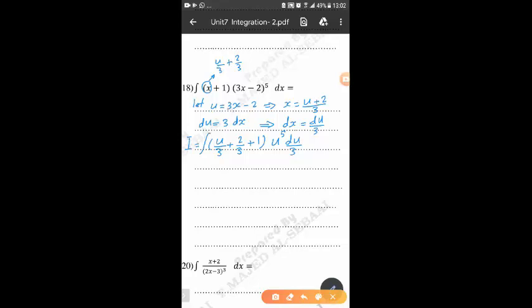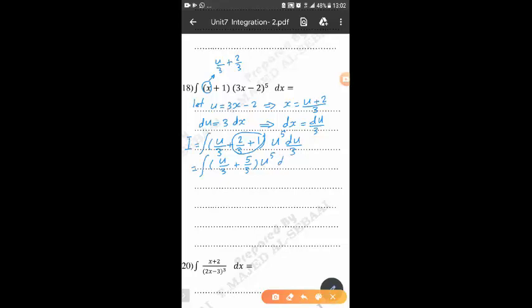Okay. Why did I do that? Because I will need to simplify this. So it's going to be integration of u over 3, 2 over 3 plus 1 is going to be 5 over 3. You all know that, right?